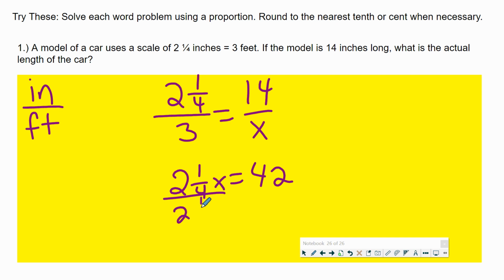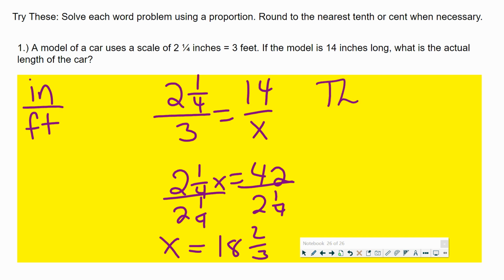Divide by 2 1/4. This is where decimals can come in real handy because you could put the whole exact fraction in. So I get 18.6 repeating. So x equals, I'm going to say 18 2/3. So what's the actual length of the car? The car is 18 2/3 feet long.